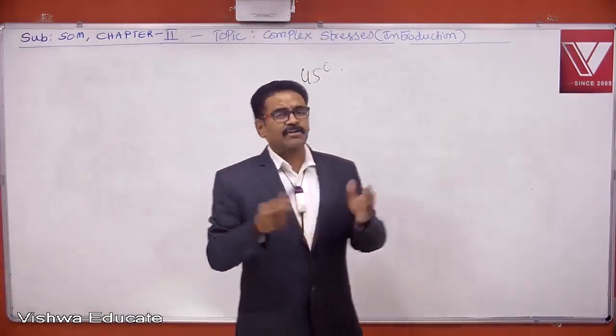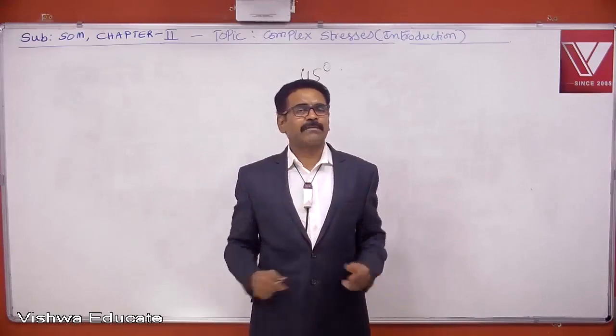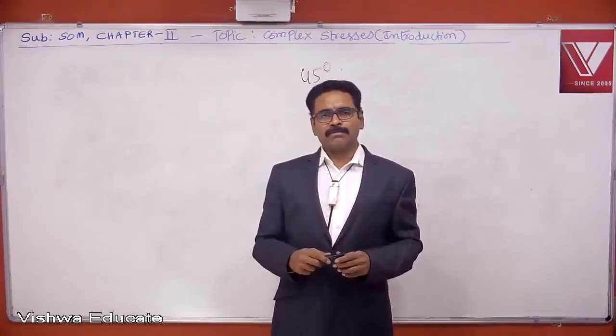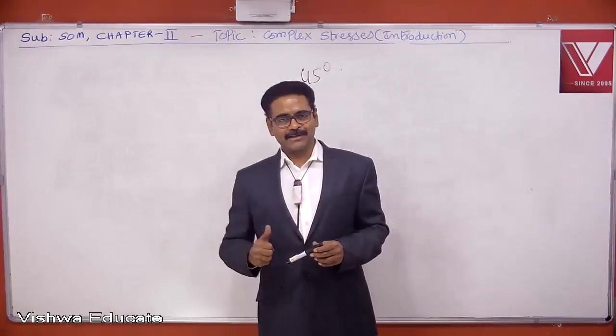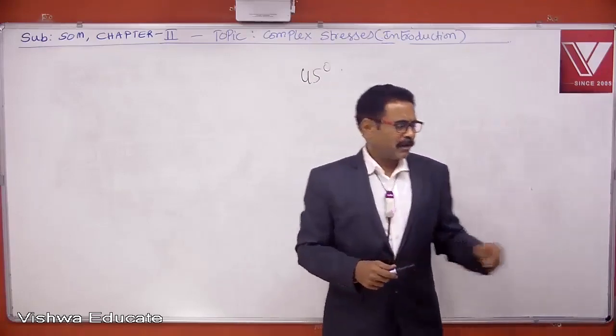Angle between any two principal planes, 90. Angle between any two shear planes, 90. Angle between a principal plane and shear plane is 45 degrees. Of course, we are going to prove everything, right?